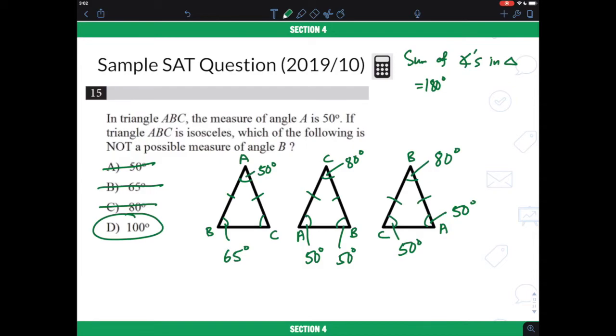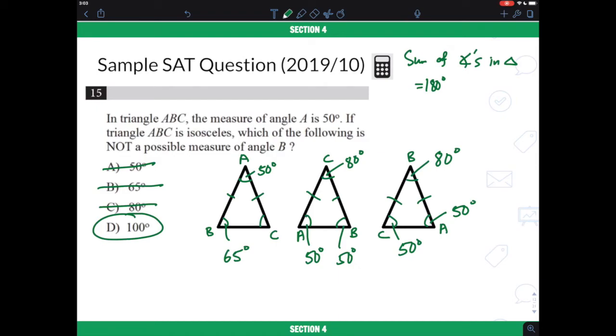So to answer this question correctly, the key idea is, do you know the isosceles triangle? And if you do, how many combinations can you think of? What I showed you here is that after you draw a triangle, you can switch around the letters so that you consider the possibilities that the triangle could be.